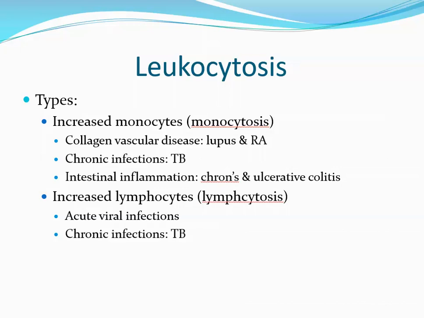It's seen with chronic infections such as tuberculosis and intestinal inflammation, Crohn's, and ulcerative colitis. And lastly, an increase in lymphocytes, lymphocytosis. This is seen often with acute viral infections as well as chronic infections such as tuberculosis.